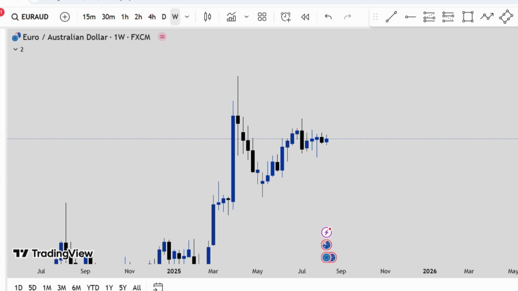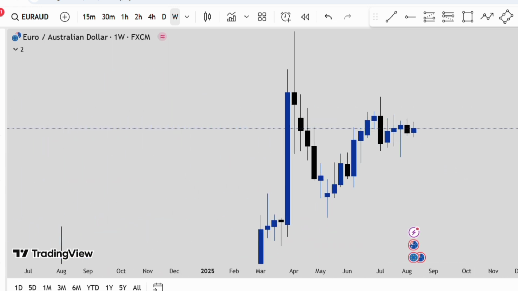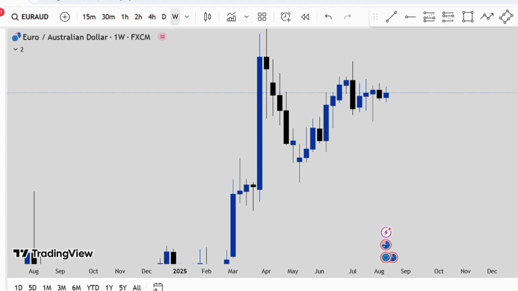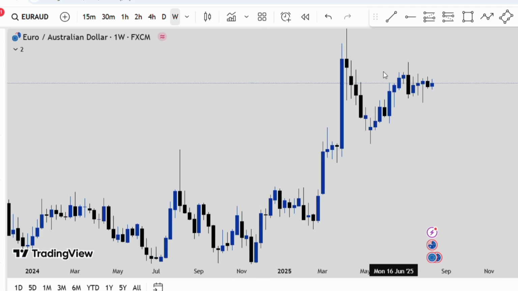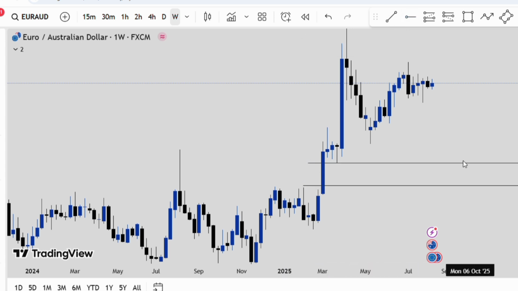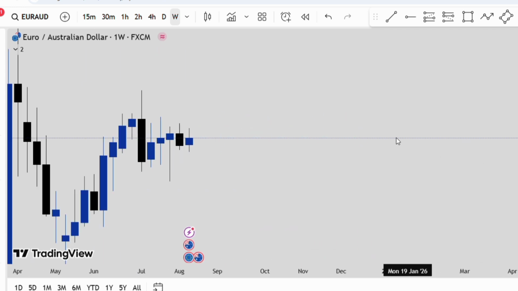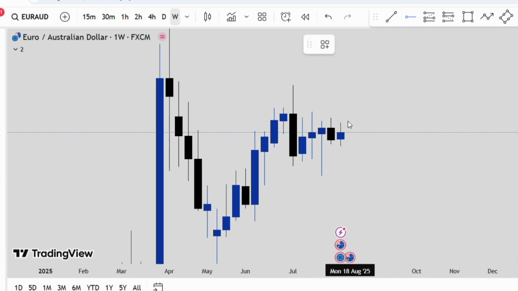Now, looking into this particular market structure, you can see that this is Euro AUD. Our fair value gap is far away from our current structure, but from our current structure, you can see we still have this weekly buy side liquidity.